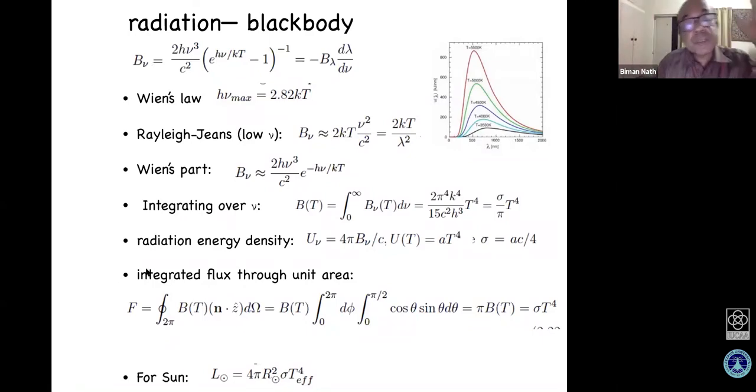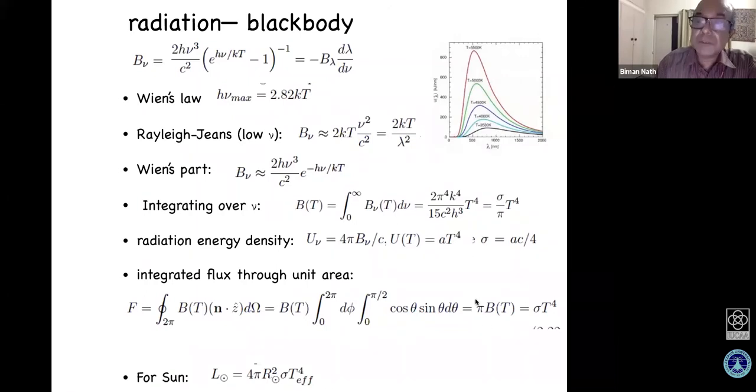So this is going to be the integrated flux through unit area. The solid angle integral will give us 2 pi, and then this is sine theta d theta, and this is an easy integral.